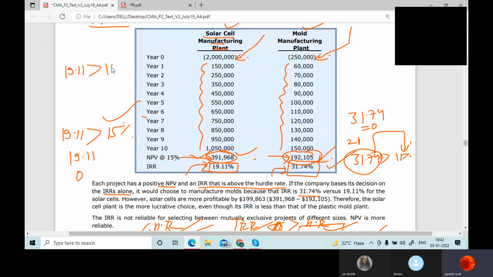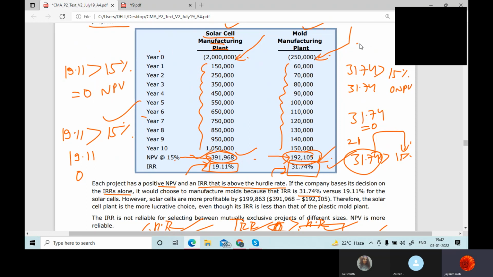This is more than the hurdle rate, so accept the project. 31.74 is more than the hurdle rate, so accept the project. What I'm saying is that here with 19.11 you'll get 0 NPV, and with 31.74 you'll get 0 NPV.